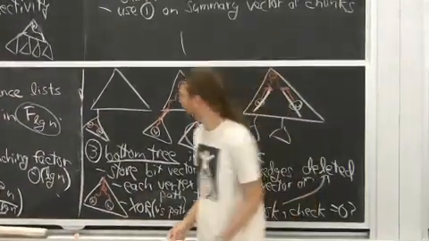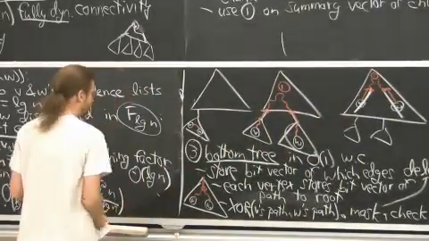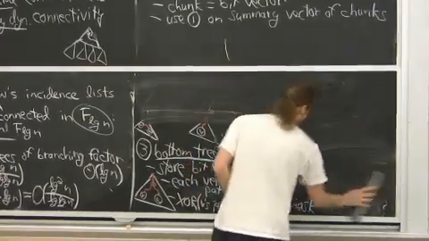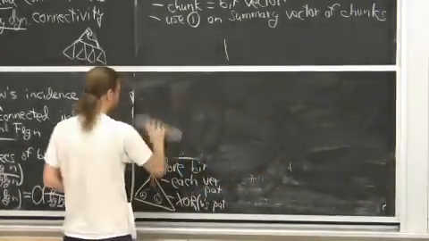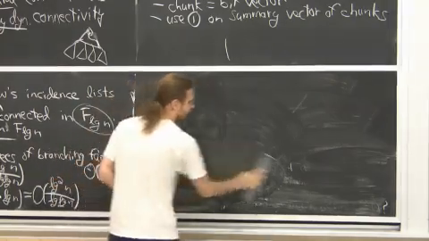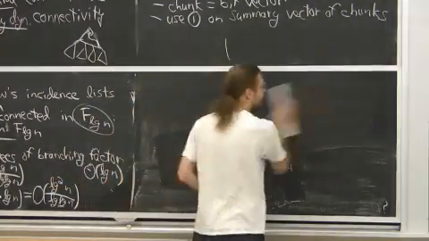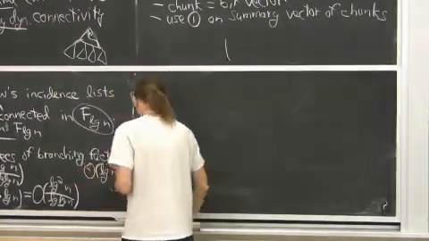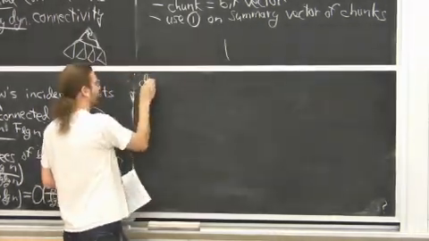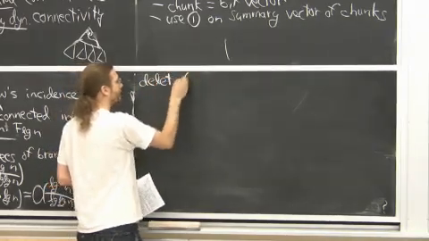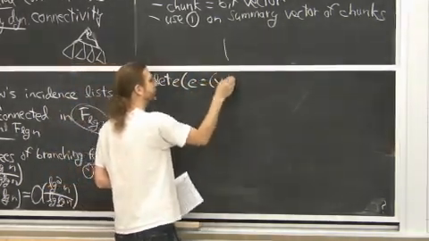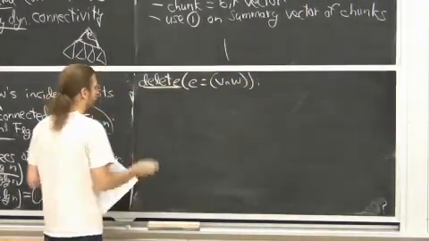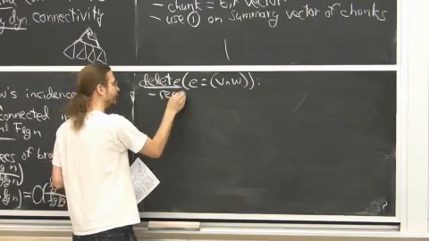Okay, now finally we get to deletes. This is the moment you've been waiting for. How do we do a delete in this structure? What are all these levels good for? So we're deleting an edge E. Its endpoints are V and W. First thing we do is remove E from the incidence lists.